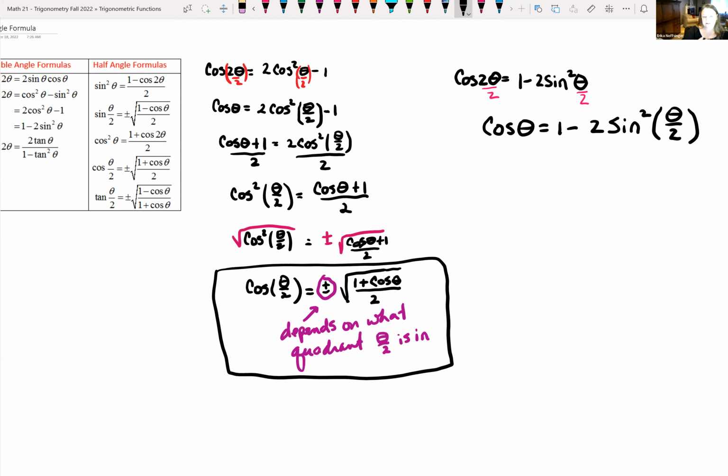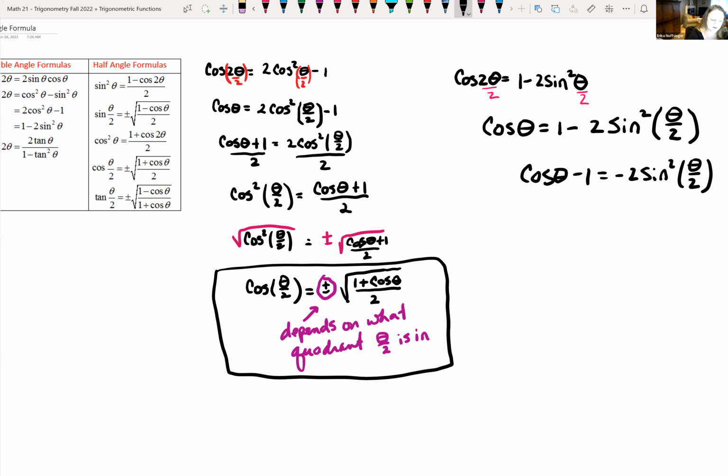Again, we're trying to derive the half angle identity for sine, so let's isolate that term by itself. We can subtract 1 on both sides, and so we get cosine theta minus 1 is equal to -2 sine squared theta over 2.